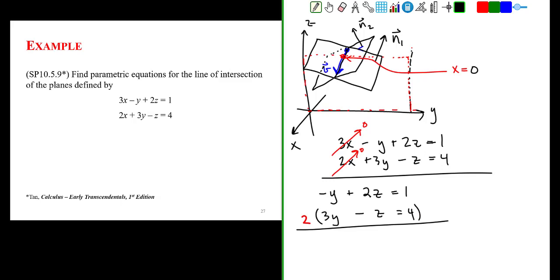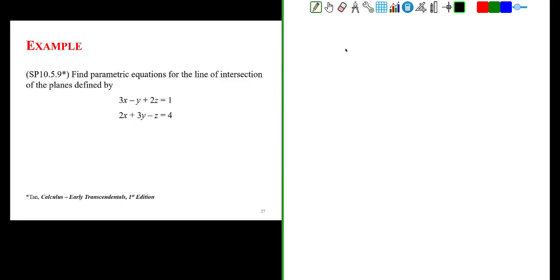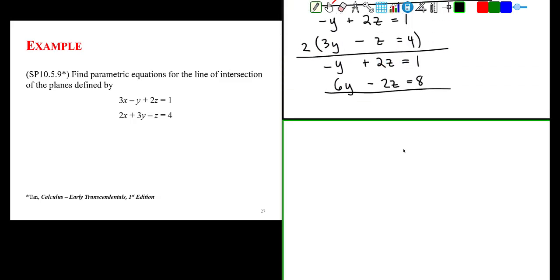In multiplying that second equation by 2, I'm going to rewrite each equation, but the second equation is now multiplied by 2, so we have 6y minus 2z is equal to 8. And now look at what we have. We can just add these two equations, giving us 5y is equal to 9, or y equals 9/5.